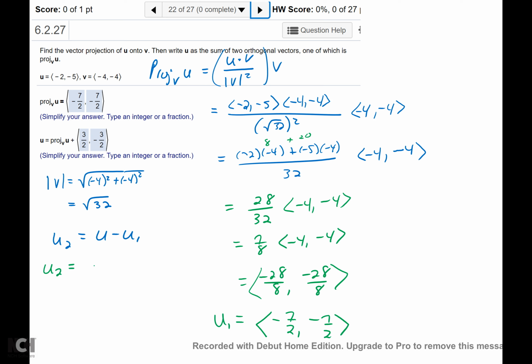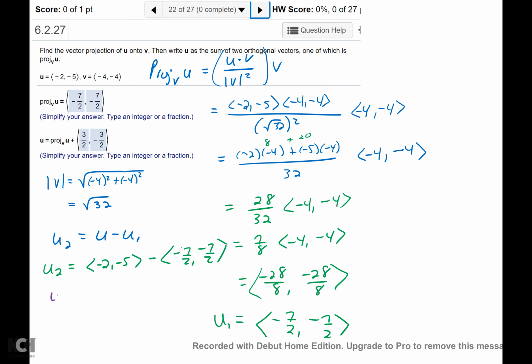Okay? So to get u2, I take u, which is negative 2, negative 5, and I subtract u1, which is negative 7/2, negative 7/2.